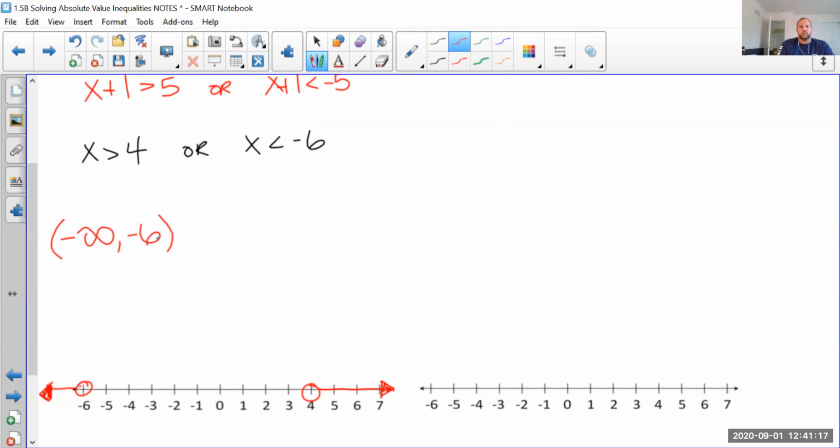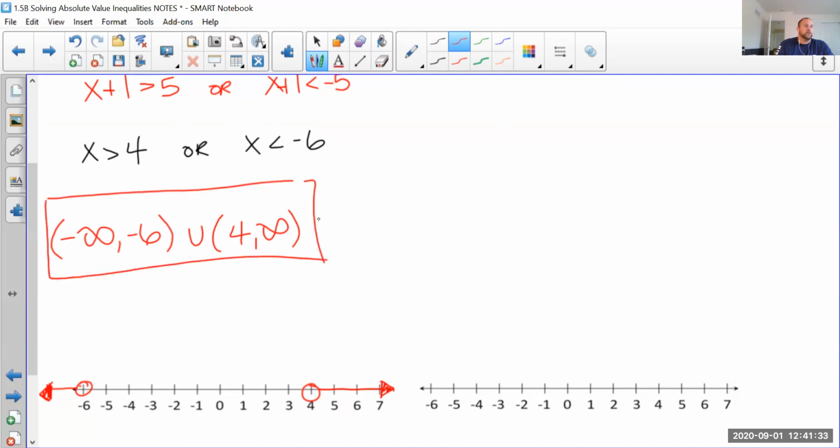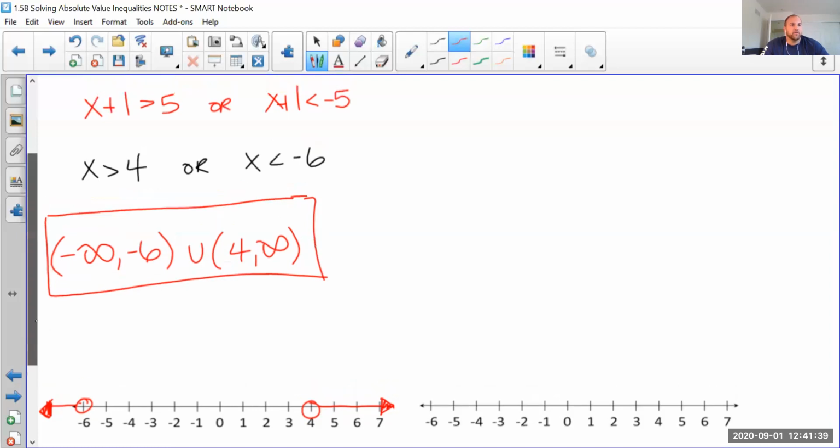Remember we use parentheses whenever it's an open circle. Union, and 4 to positive infinity, again, both parentheses. This is actually your final answer here. This tells me what your final solution is. So you have that and you have the graph representing your final answer.